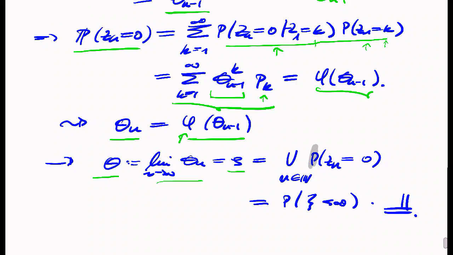By monotonicity of events, and continuity of probability measure, this is the same as the probability of the union of all these events of getting extinct in finite time. And this is therefore just the probability of getting extinct in finite time. So we see that this theta, which is then the rho, is exactly the quantity that was in the claim.